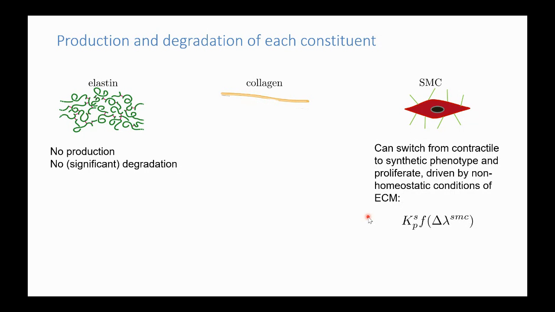On the other hand, we assume that the smooth muscle cells don't contribute mechanically, but they are there as sensors, and they sense what the extracellular matrix is feeling in terms of stretch. And if they feel a stretch that is deviating from their homeostatic stretch level, they can start to differentiate from a contractile phenotype to a synthetic phenotype, and they can also start to proliferate.